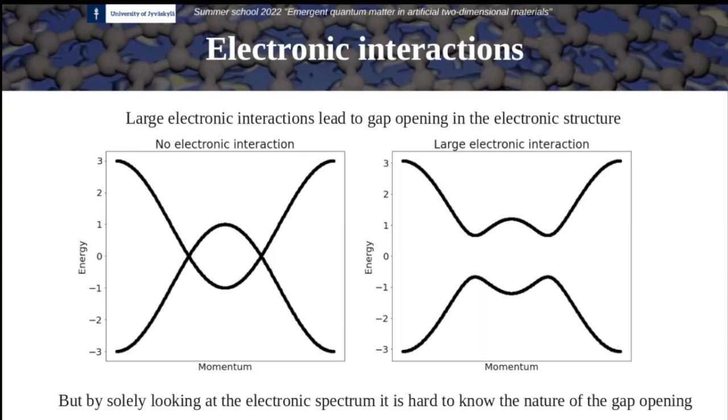So if you can come up with a term in your Hamiltonian that opens a gap and can come from the mean field of that interaction, then that type of term is likely to appear when you do the mean field calculation. In other words, if in graphene you can open a gap by creating a charge density wave, then it is likely that electronic interactions may be able to create that charge density wave intrinsically.